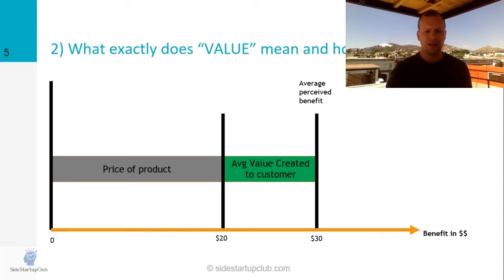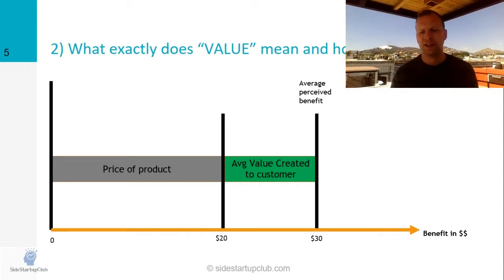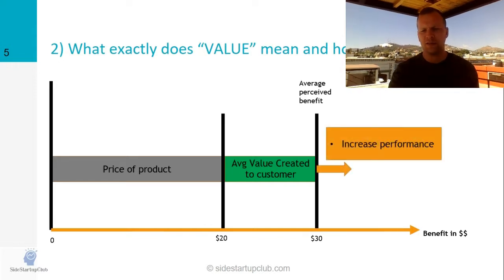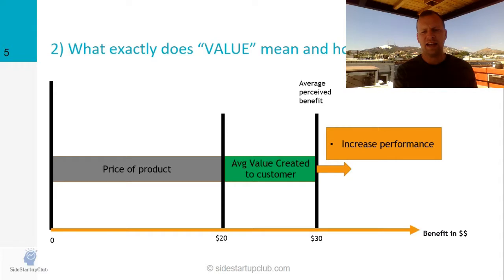And typically they would have paid any dollar amount up to the value of benefit that they received. And how we create value is by increasing the performance. This can be reducing time, stress, having social benefits, various things fall into increasing performance. I think of this as addition and moving this line to the right. The other way to increase value is to reduce this price point, and you do that by reducing cost.